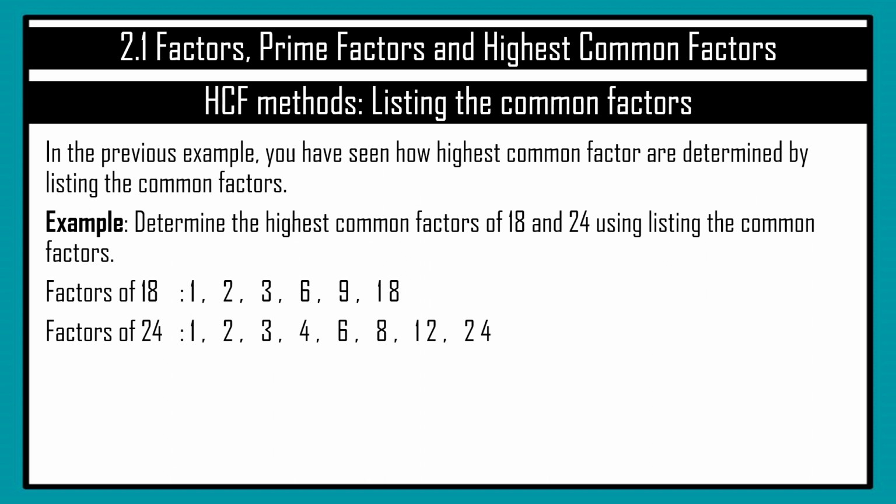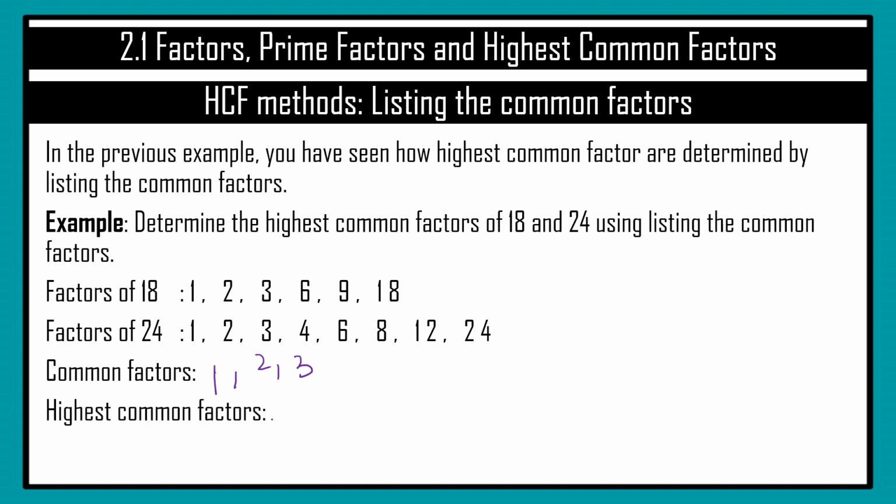And then our common factors will be 1, 2, and 3. And then amongst the three common factors, the highest common factor, which is the largest number of all, that is 6. So the highest common factor will be 6 for 18 and 24. Okay, that one is for listing the common factors.